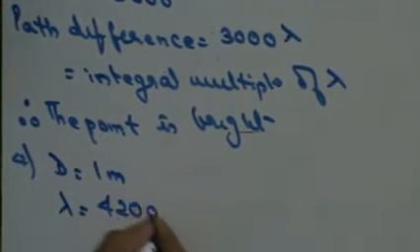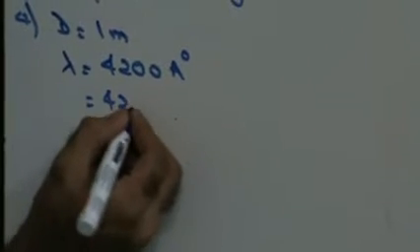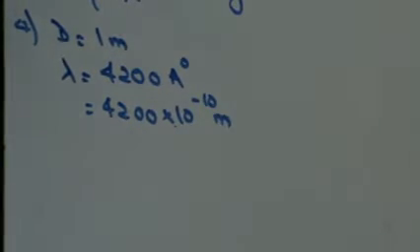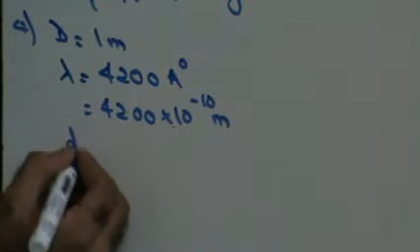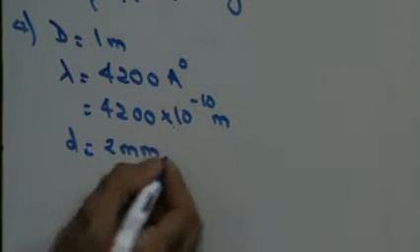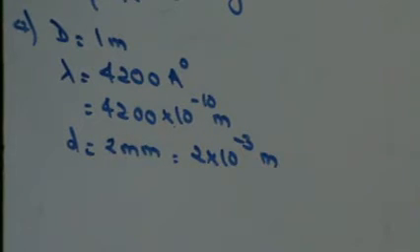Light of 4200 Armstrong units is used, and the distance between the two slits is 2 millimeters.